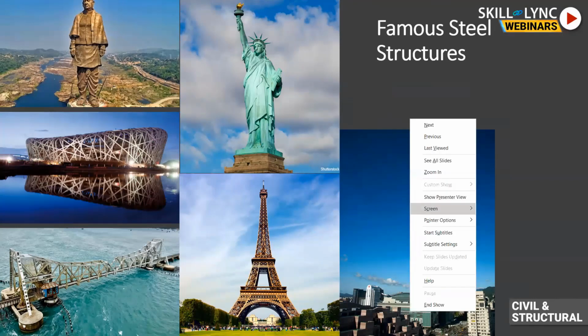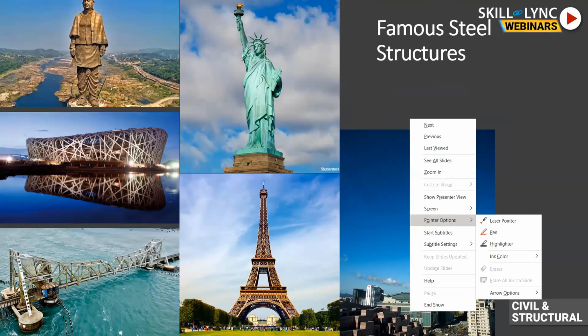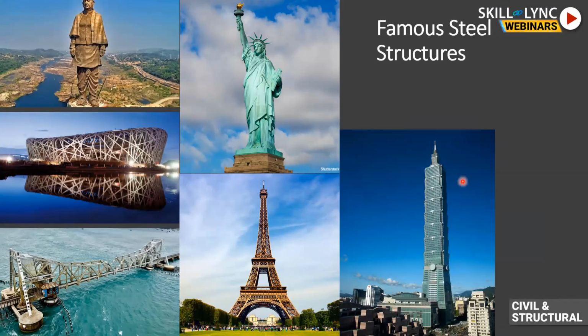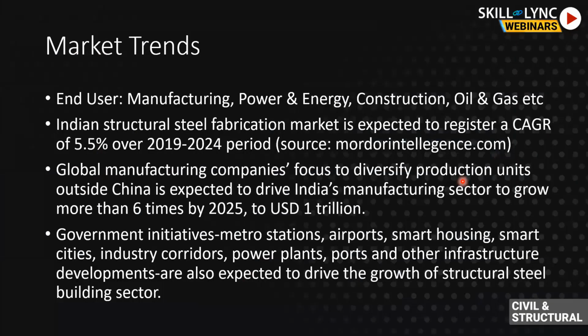These are a few of the famous structures that we all know. And there are many other structures, mostly industrial buildings. If you are coming from any industrial area, you can see lots of buildings, warehouses, or factories made from steel structures.